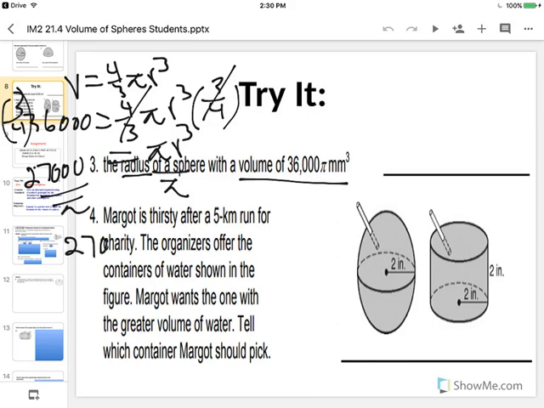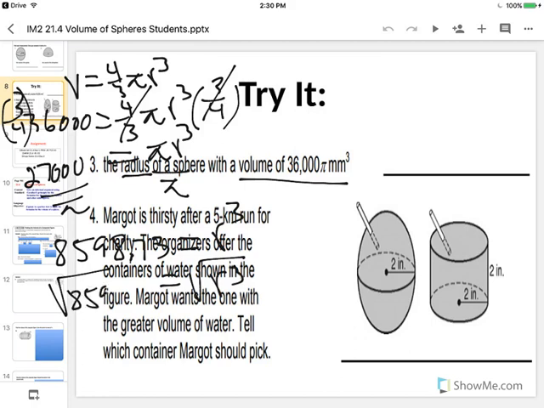So r cubed equals that value, and to solve it, you take the cube root so that they cancel out.